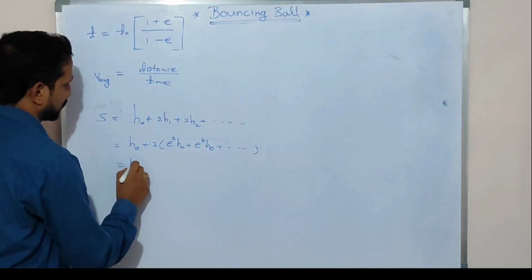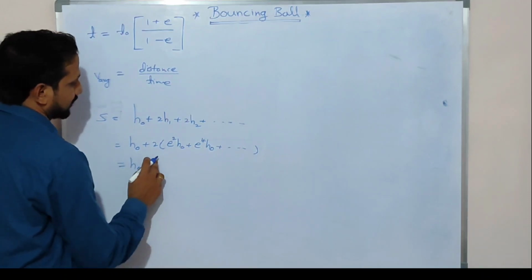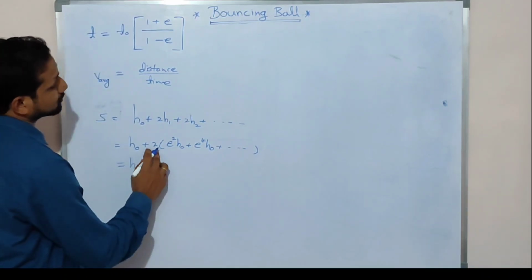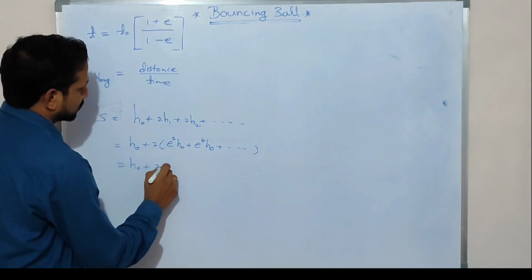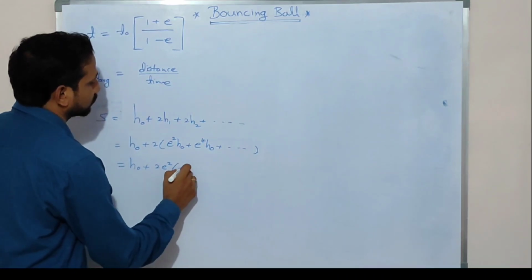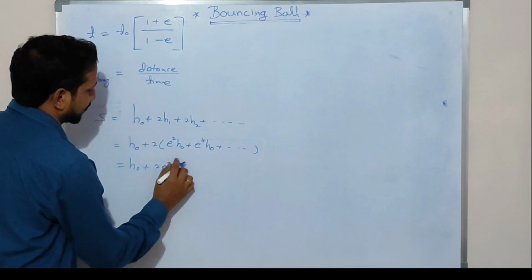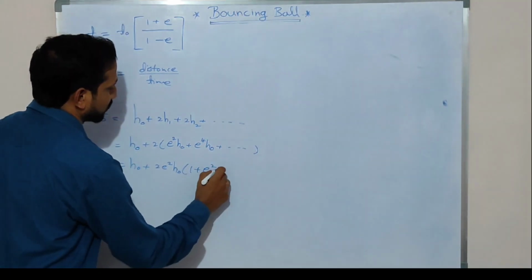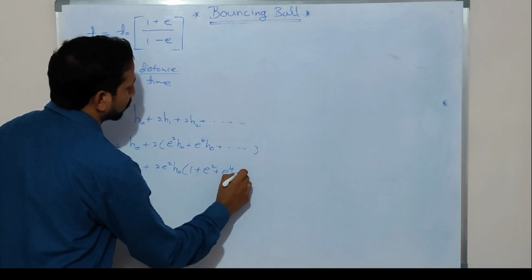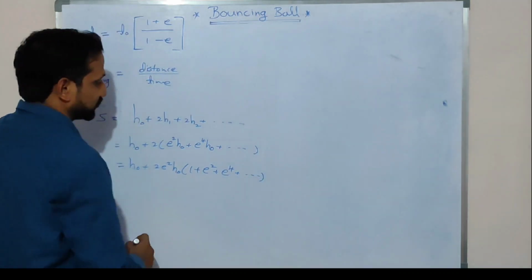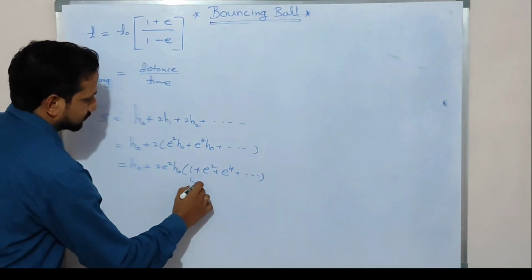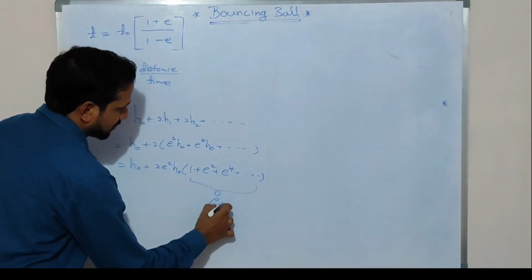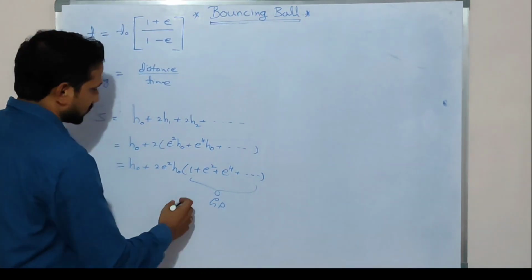Now I can take h naught common, and here I can take common 2e square h naught, of (1 plus e square plus e power 4, and so on). This is again a geometric progression, as we have seen in the previous case.